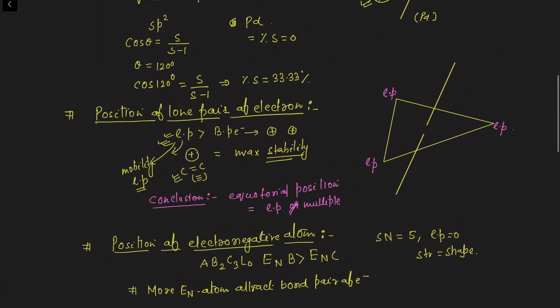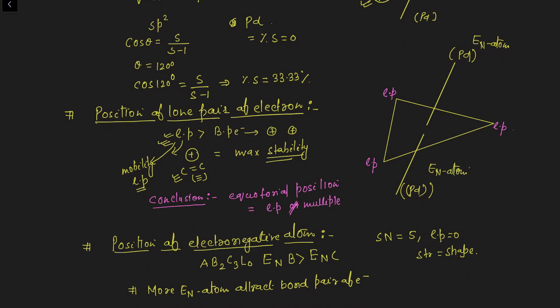Check that: in the pd set of orbitals, there is no s character. The meaning is that pd is the least electronegative orbital. So if you put the electronegative atom at the axial position, this electronegative atom can pull the bond pair of electrons and maintain the polarity, right?